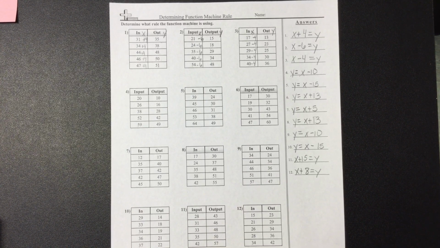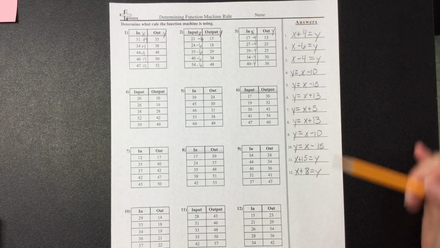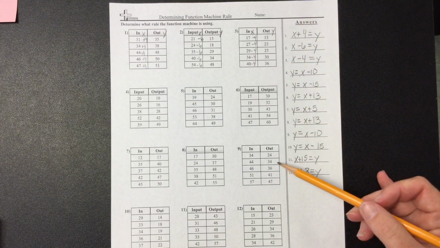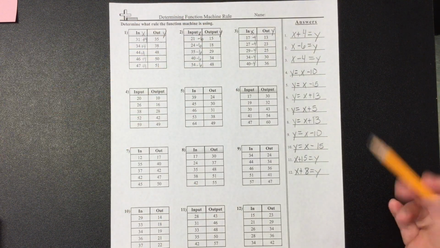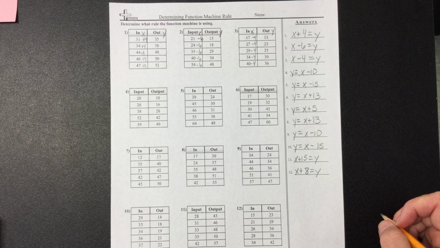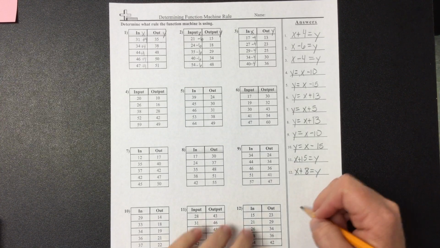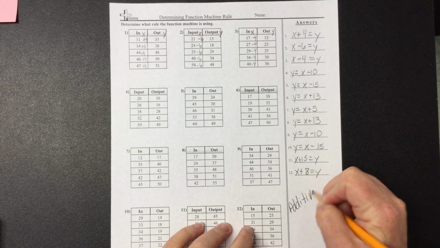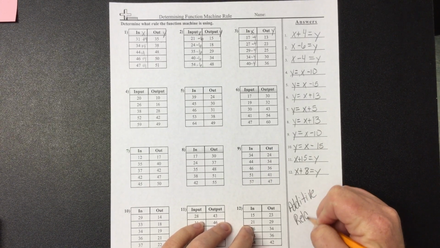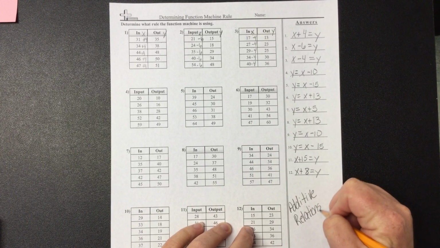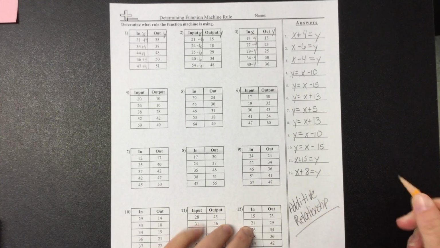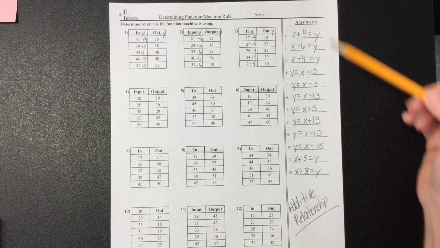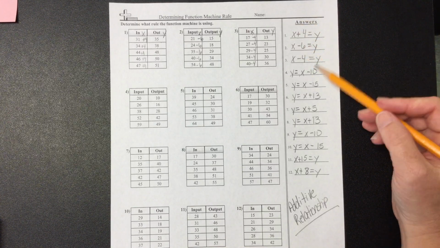Okay, now let me ask you something. Looking at all of these equations, we've looked at all of our input-output. What type of relationship is these? Are these additive or multiplicative? Mason? Additive relationships. Now, why are these all additive relationships when I've got some subtracting in here?